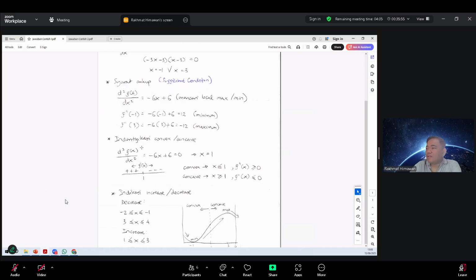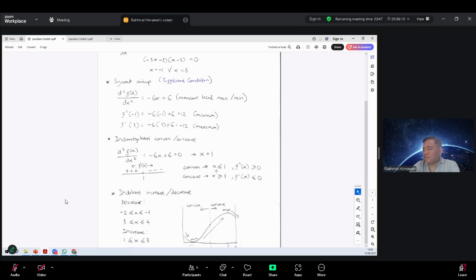The second derivative, if we put it equal to 0, we get x equal to 1. Now we want to see, if x is equal to 1, what's going to be to the left and what's going to be to the right.